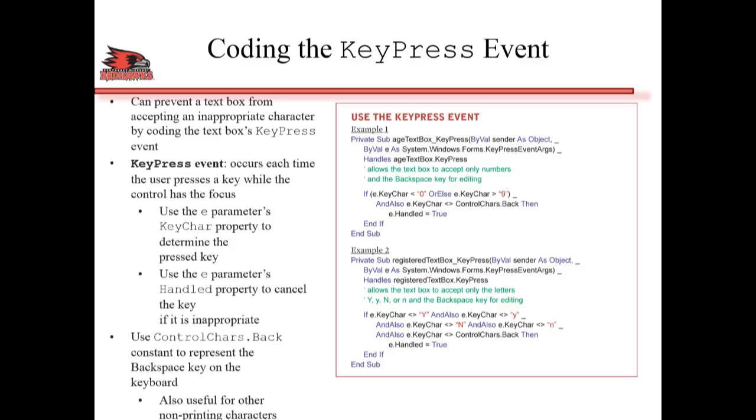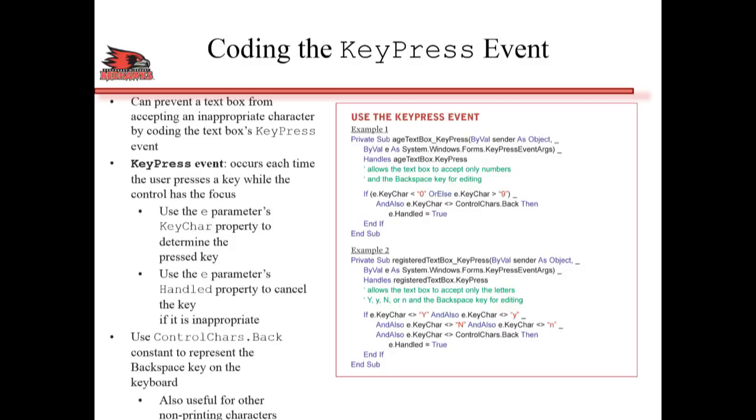They all have a certain character value. So 0 to 9 are together in this table, and everything else is either below or above it. Control characters are those like enter, delete, backspace, escape. All these are control characters.